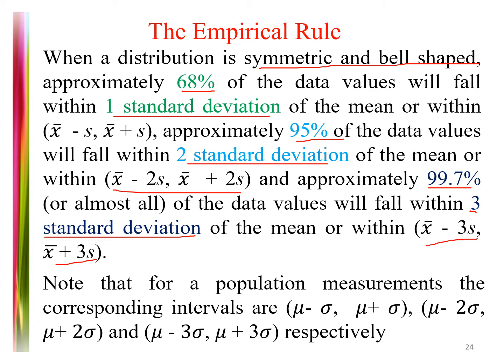This is based on a sample, and we can also consider the population case: one standard deviation limit is mu plus or minus sigma, and mu plus or minus 2 times sigma, mu plus or minus 3 times sigma respectively. This is very popular, but there is an important condition: your distribution must be symmetric or a bell-shaped curve, otherwise we cannot use the empirical rule. That is important.